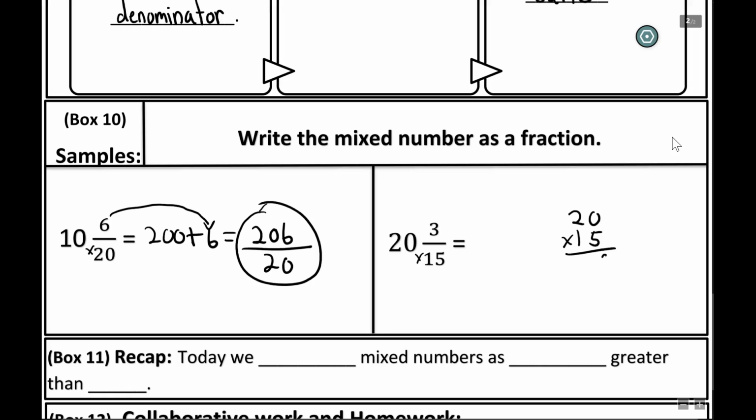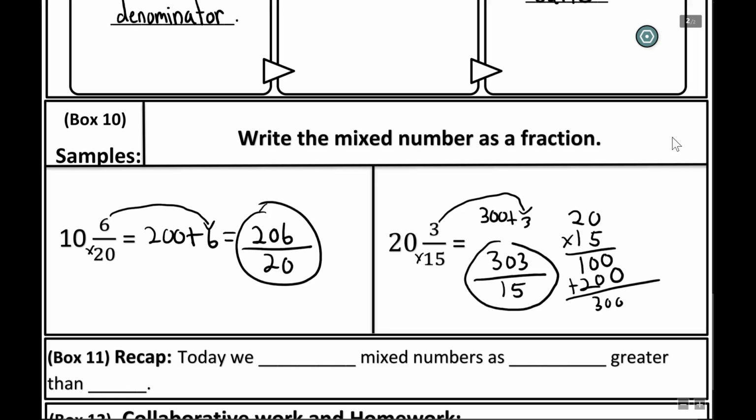So 5 times 0 is 0, 5 times 2 is 10, put my placeholder, 1 times 0 is 0, and then 1 times 2 is 2. Add those together, I do get 300, okay? So I'm going to write 300 plus my numerator, right, which is 3, so I do get 303 over 15.